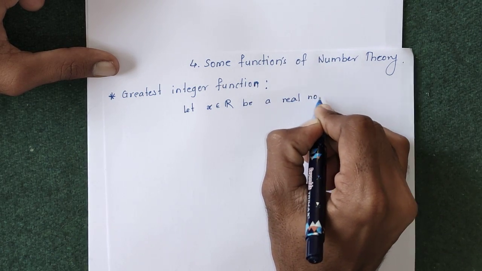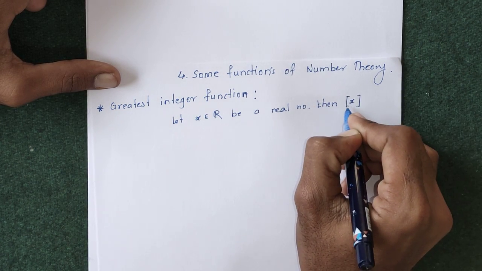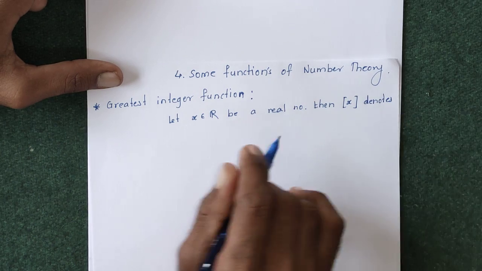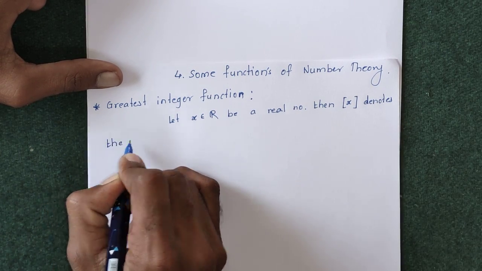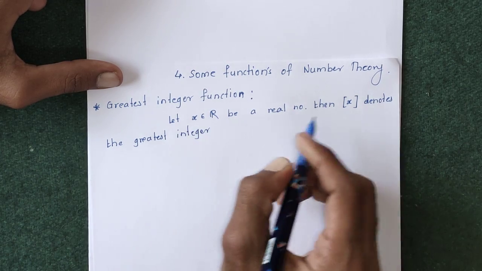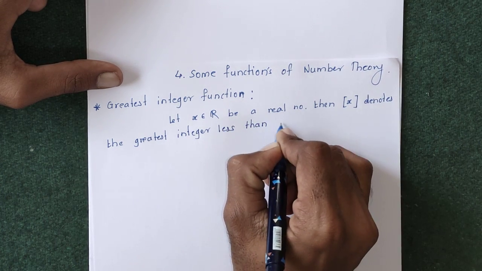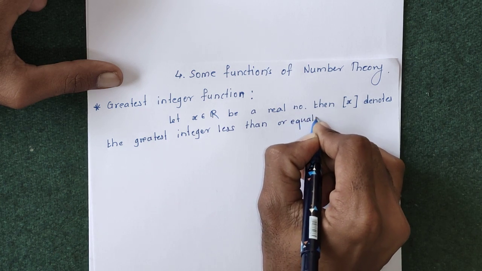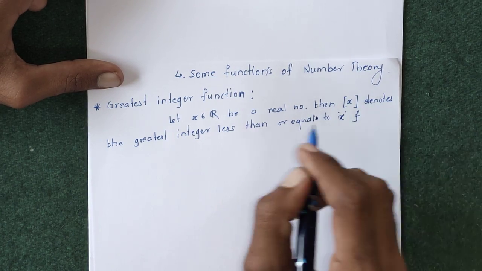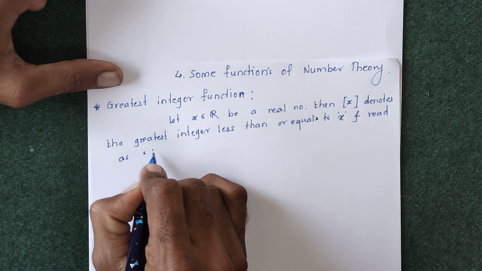Then this notation, greatest integer function of x or integral part of x, denotes the greatest integer less than or equal to x, and we can read this notation as integral part of x.